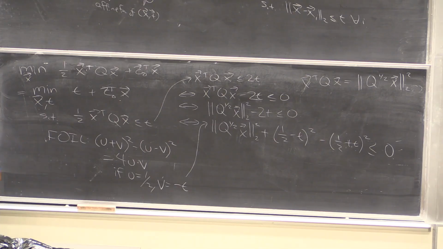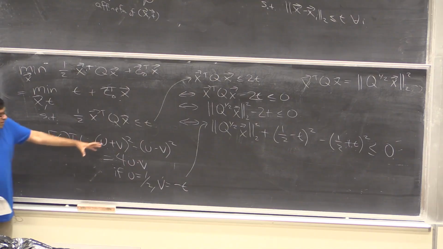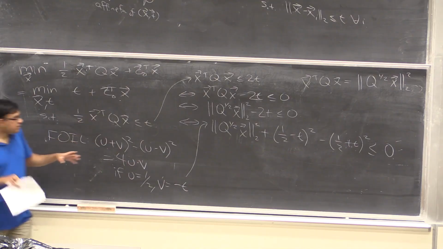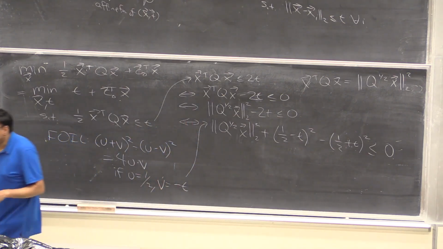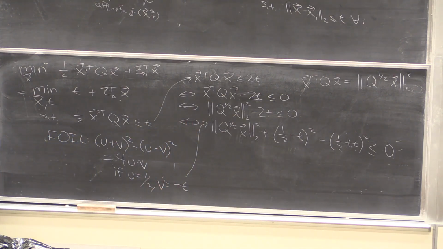Sorry, can you repeat that? Why can't we just convert into the square of... Yeah, so we use this FOIL identity, right? This FOIL identity will just tell us that we can do this calculation. And indeed, if you expand out this difference of squares, you'll get exactly 2t back. Why can't we just take the square root of 2t if we just want to get the square?